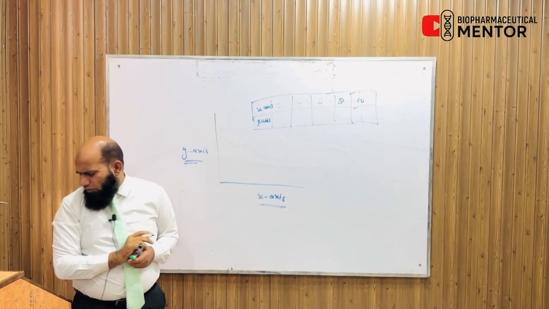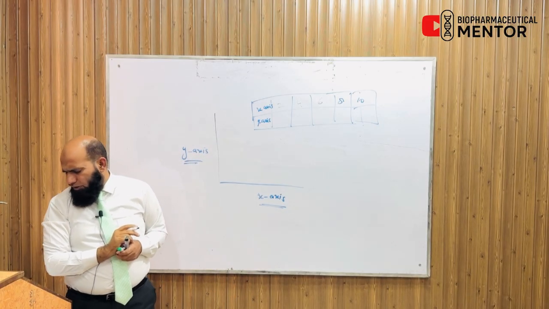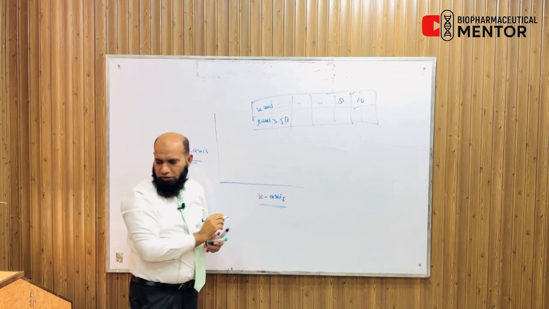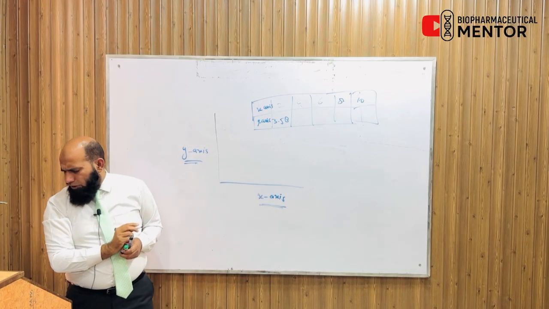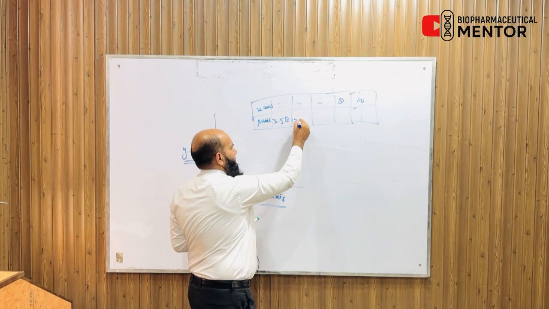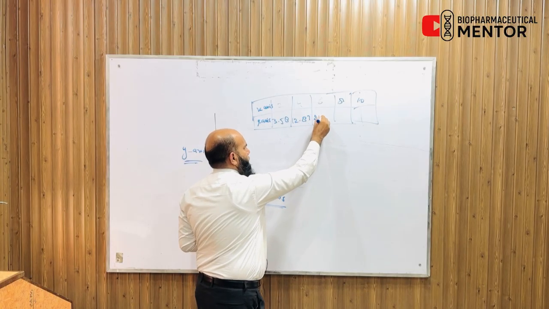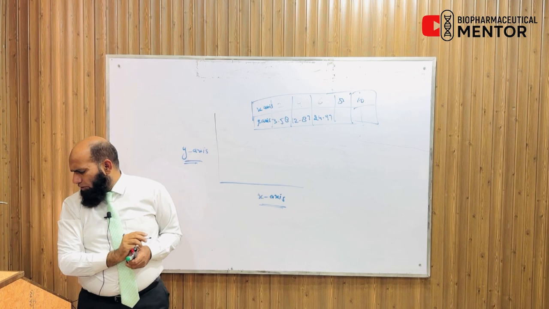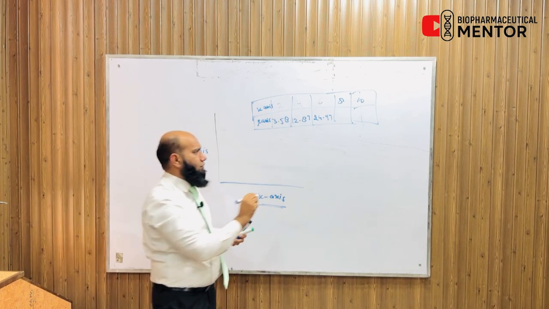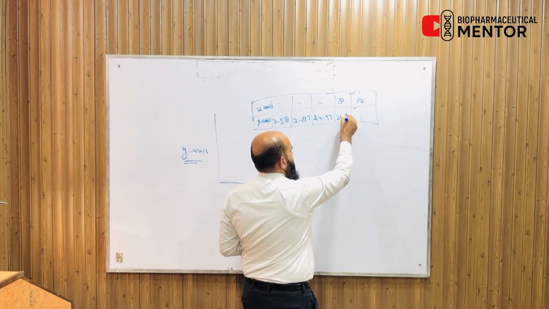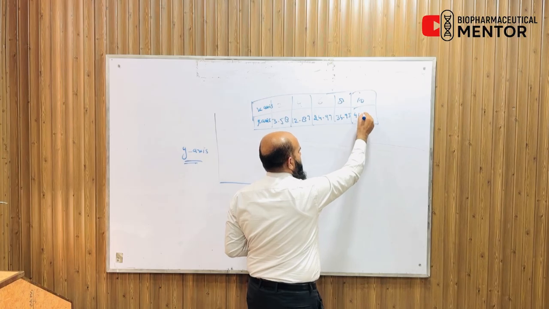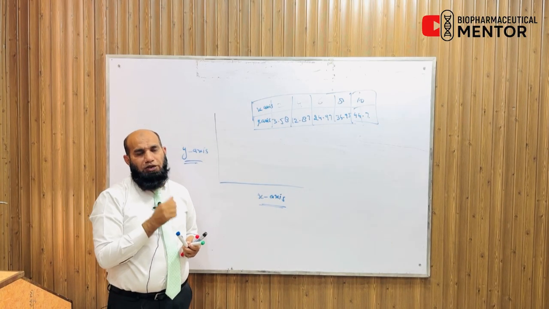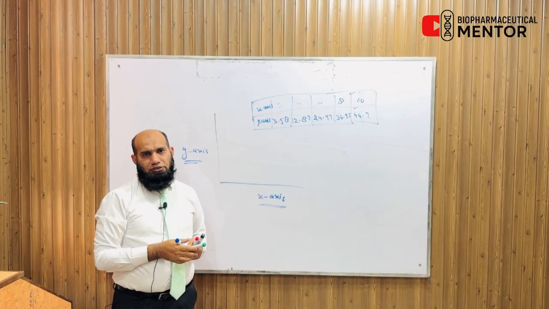On the y-axis we have the values 3.58, then 12.87, 24.97, 34.55 and 40.17, 44.7. This is the data. Now we will start to construct the graph.